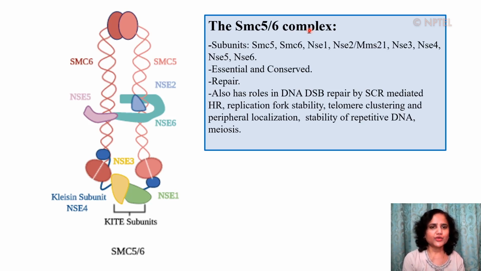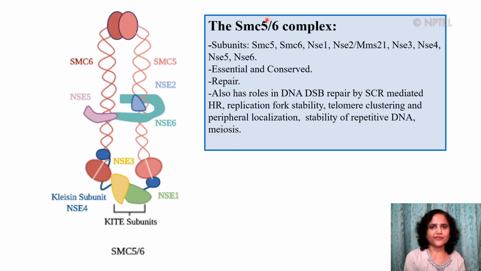In fact, 2 of its subunits, NSE2, or in budding yeast it's also known as MMS21, and NSE1 have E3 ligase activity. So NSE2 or MMS21 is a SUMO E3 ligase, and it sumoylates several chromosomal proteins. In fact, several of the SMC proteins are sumoylated by NSE2. Whereas NSE1 has been shown to have ubiquitin ligase activity in humans.